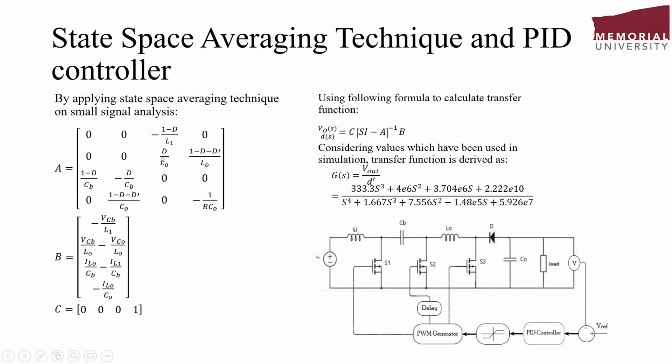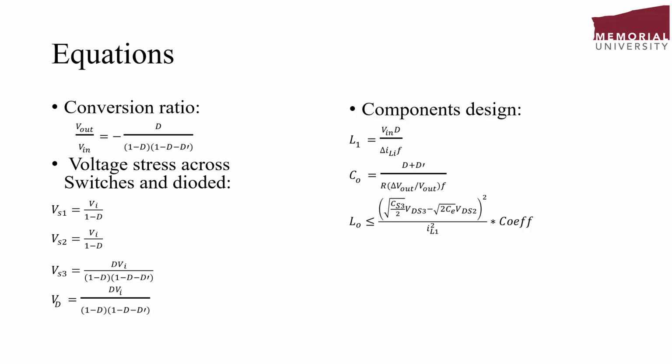Since using these parameters and variables will take much space, we prefer to use the values which we used in simulation to calculate the transfer function of the converter. And here we have the transfer function of this converter based on the values that we used in the simulation.